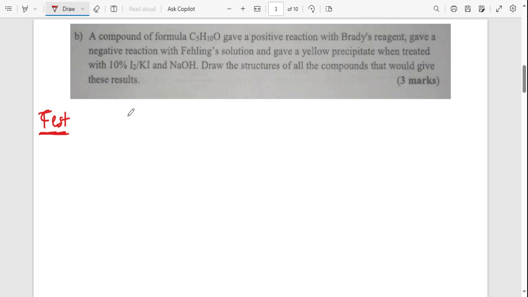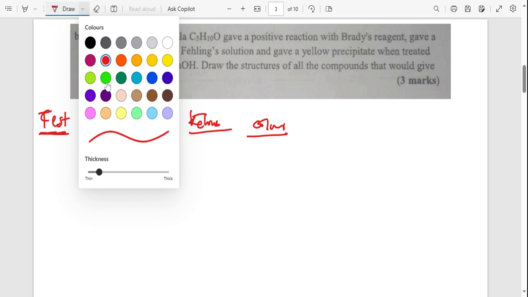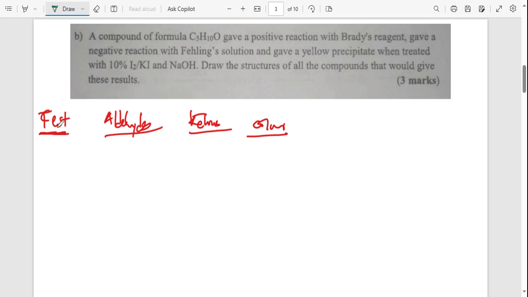So write the test and then we'll write what it does for aldehydes, what it does for ketones, and then the color we expect. Starting with the Brady's test, the reagent is 2,4-dinitrophenylhydrazine.